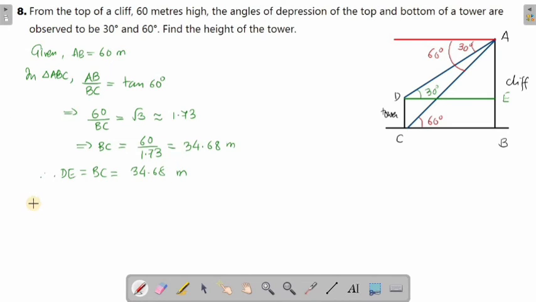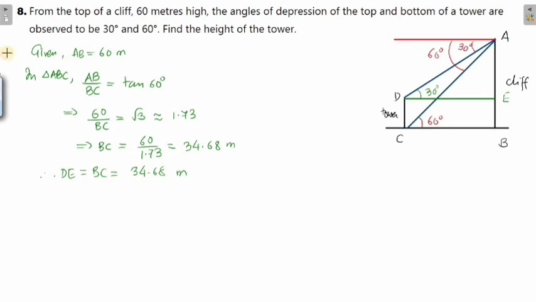Now that we have DE, let's have a look at another triangle available with us. In triangle AED, again we will make use of AE by DE. We don't know AE, but AE is the perpendicular and DE is the base.